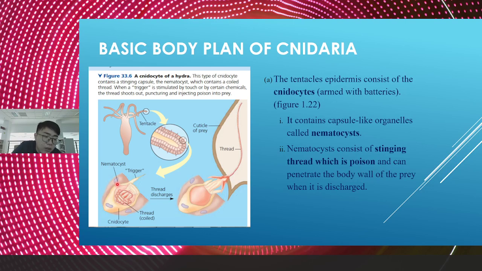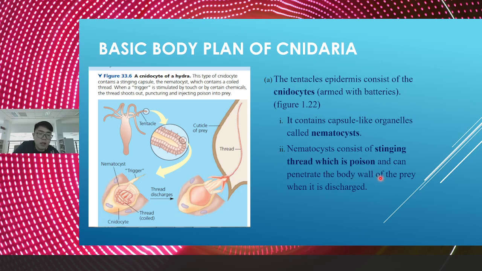If you look at the nematocyst, there is a wire-like thread structure, like this. This wire, or we call it thread, is very poisonous. And when it is discharged, it will penetrate the body wall of the prey.